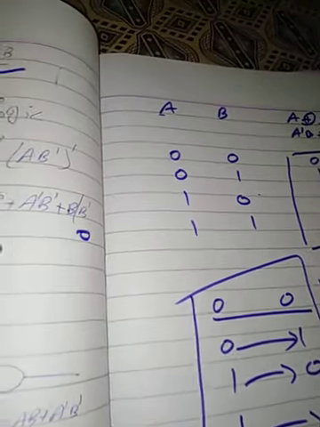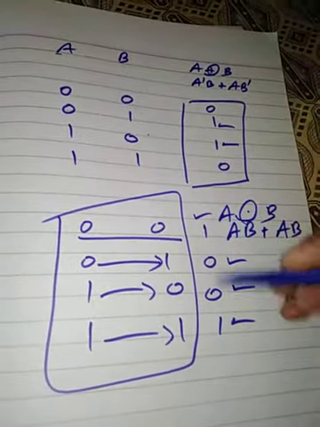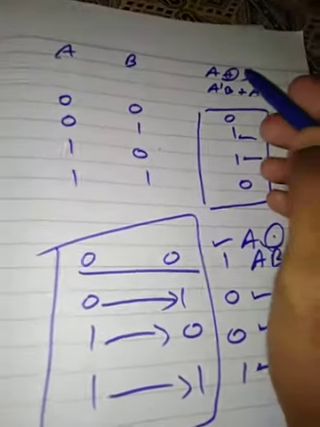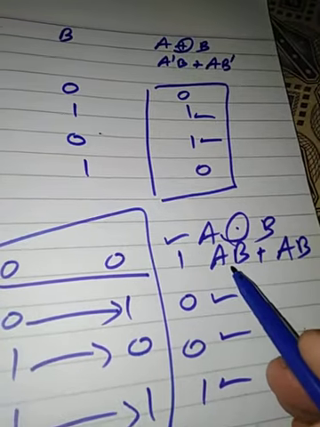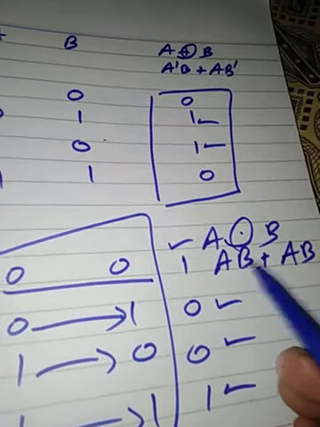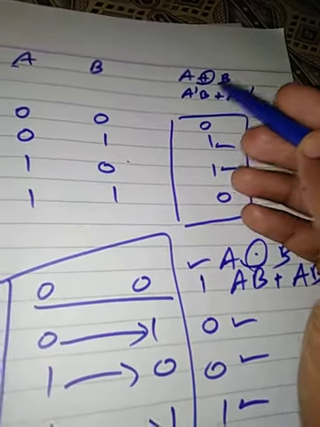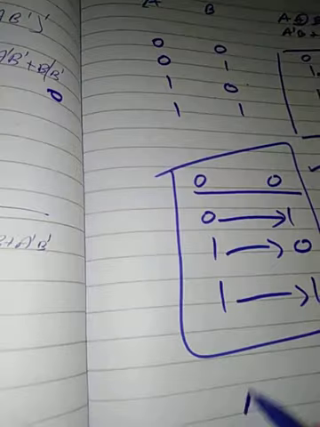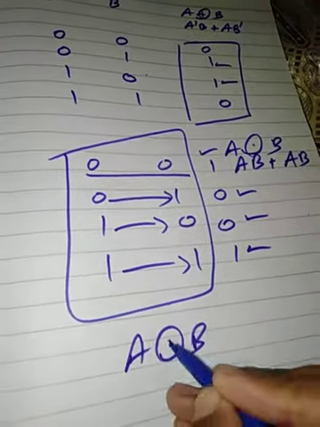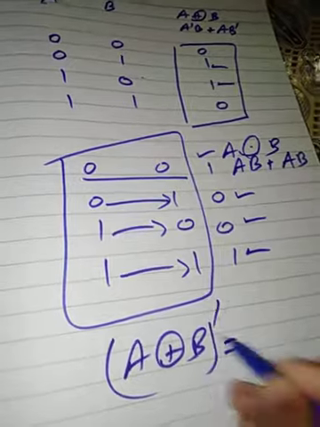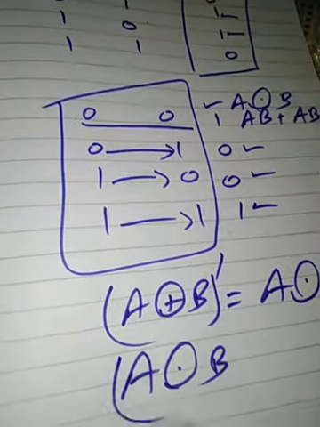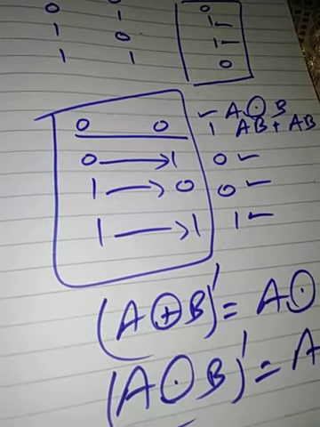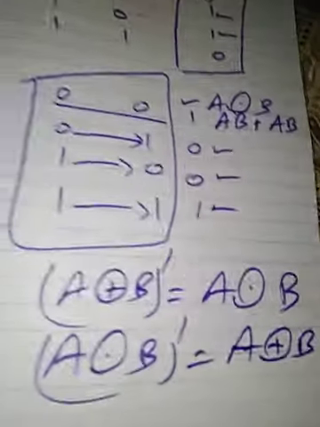Both outputs are opposite of each other. If I take an invert of this, I will have exclusive NOR expression. If I take an invert of this, then there is an exclusive OR expression. So exclusive OR and exclusive NOR are opposite of each other.